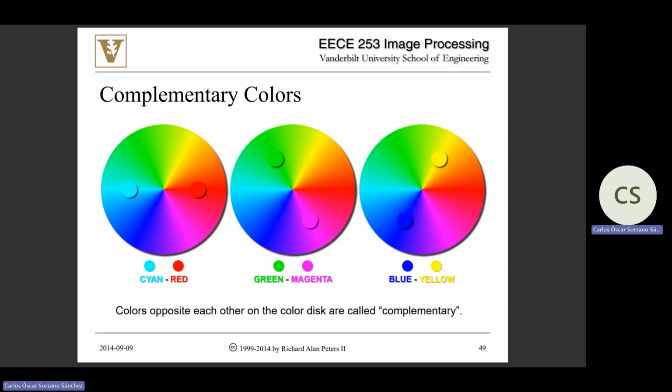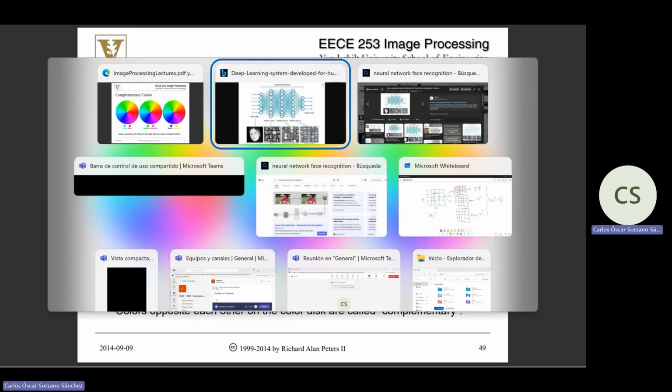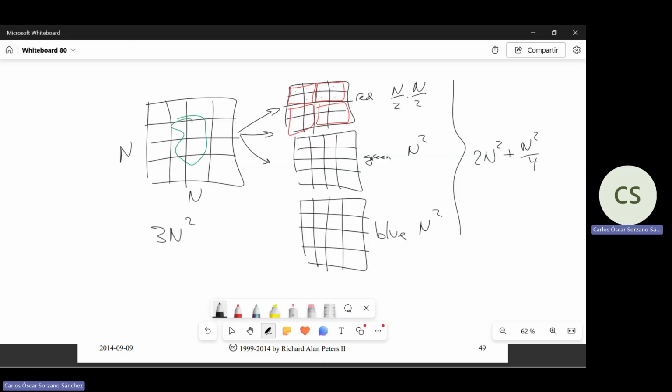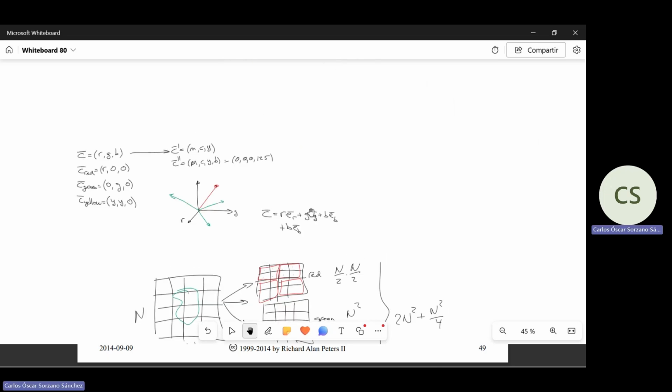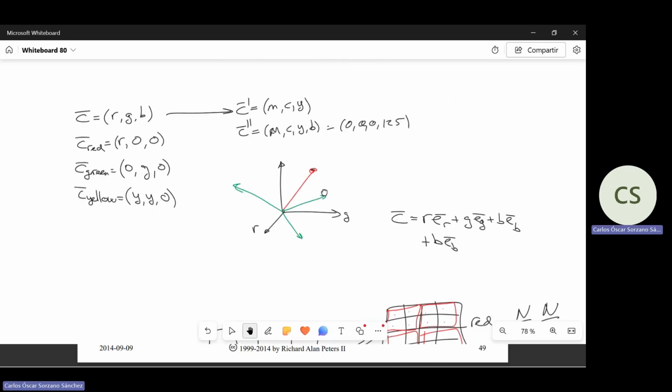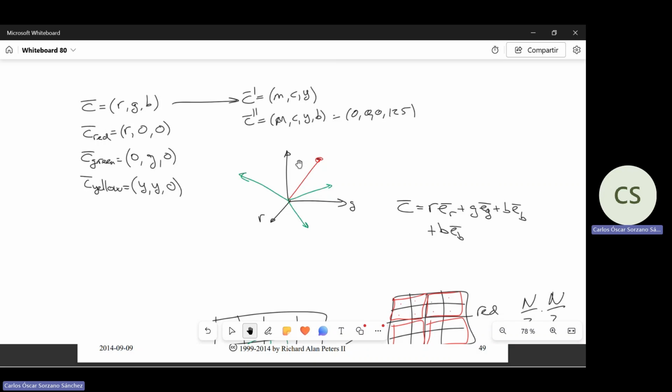What's the difference between the magenta, cyan, and yellow scale and the inverse of the RGB scale? Yeah, so in both scales, you will be able to reach colors. This is what I try to represent here. If your color is a vector in this color space, then you can get to the color through red, green, and blue.